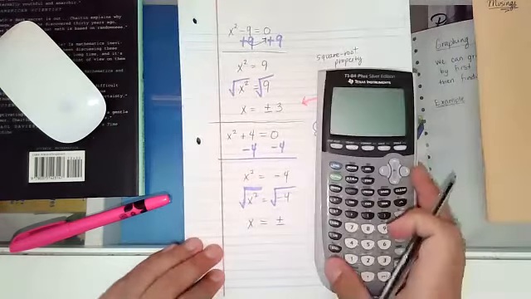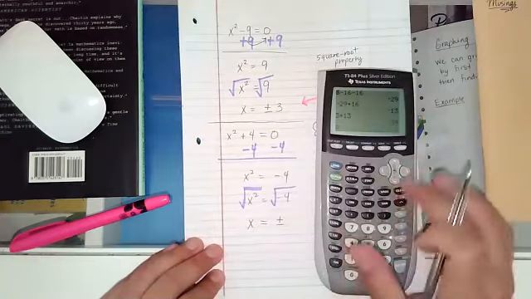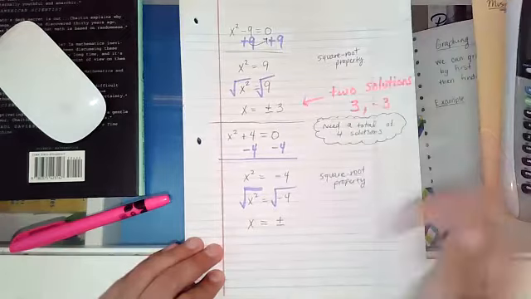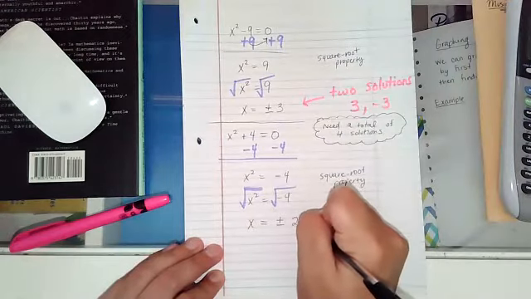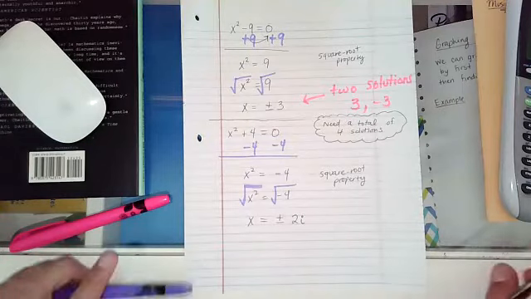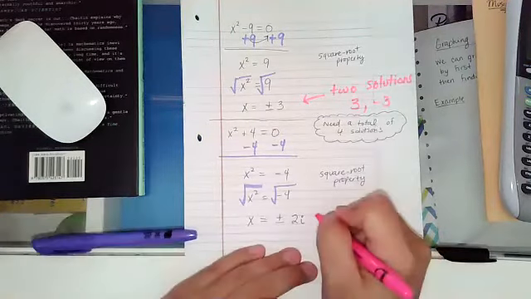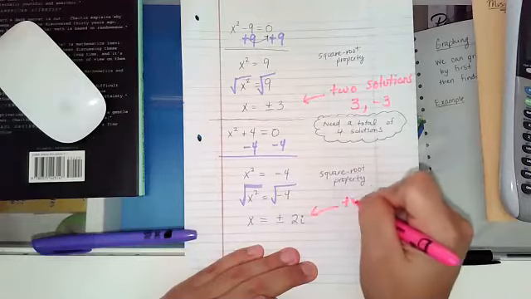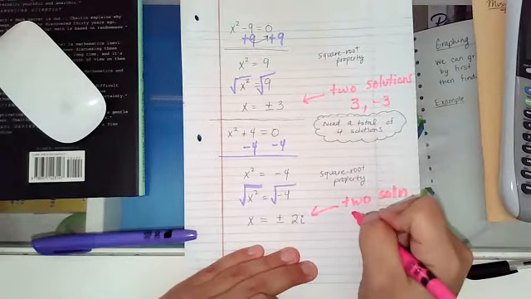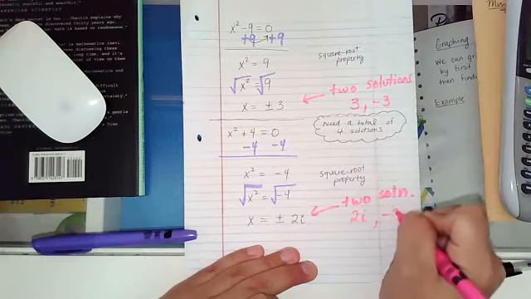So I'm just going to focus on the positive square root. The square root of positive 4 is 2. So this should be 2i when you simplify that radical. So here are 2 of your solutions. You have positive 2i and negative 2i.